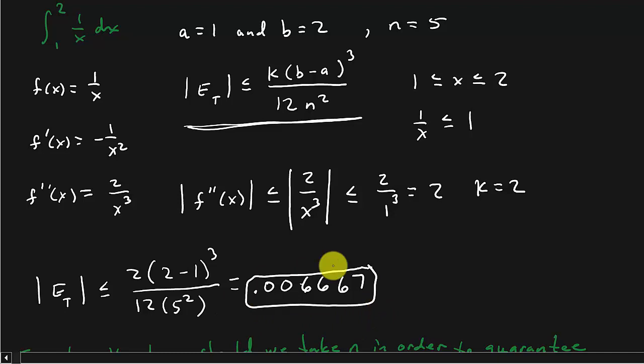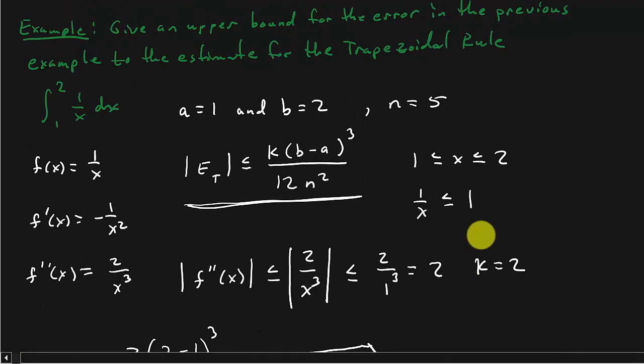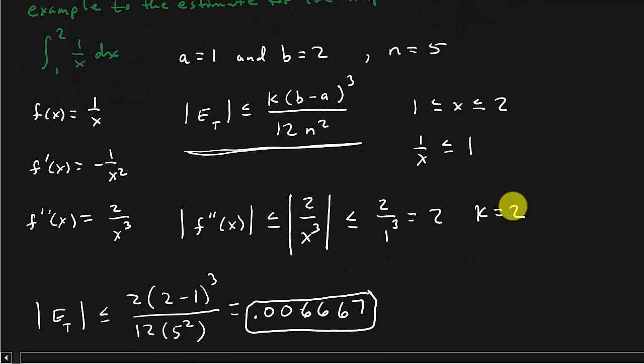Now, the other thing I want to make note of is, when we look for K, keep in mind you have to make sure that whatever you choose is the largest value in this interval here, 1 to 2.